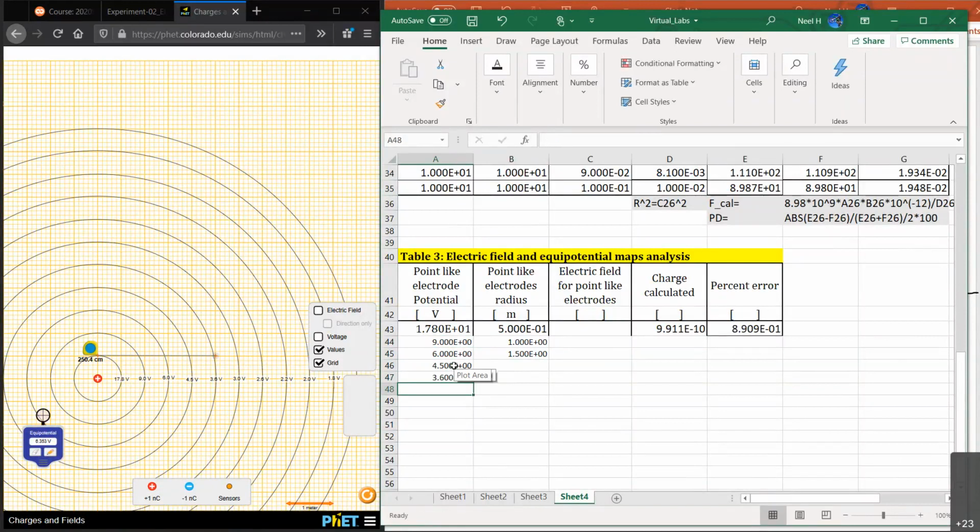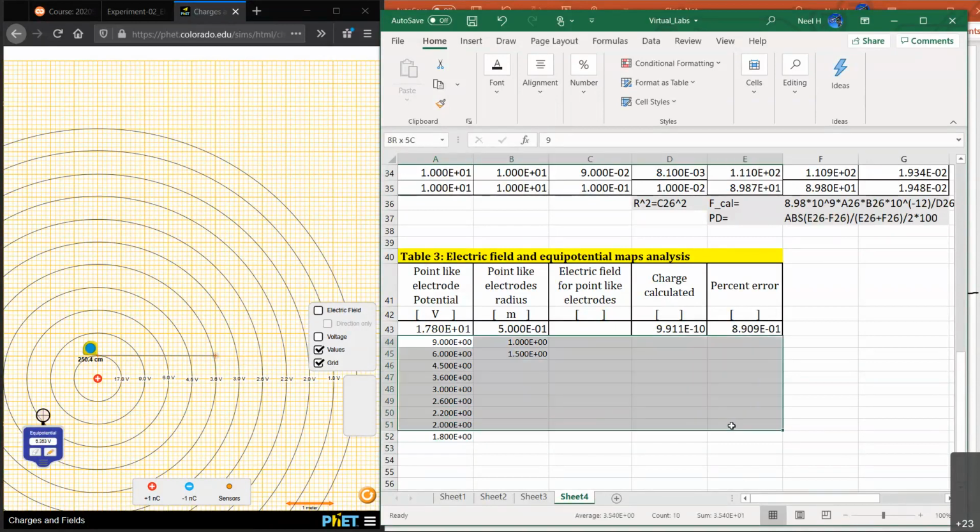Then 3.0, 2.6, 2.2. That's good enough, I think, but you can do maybe 1 or 2 more: 2.0 and 1.8. Okay, we'll have enough data points.